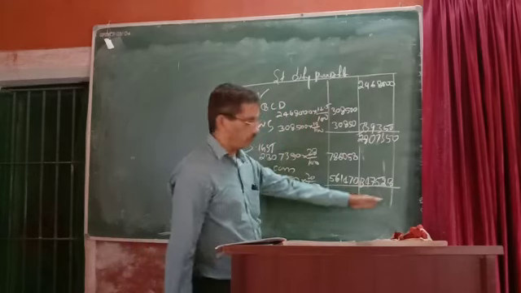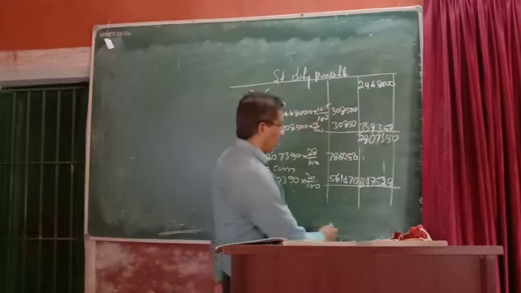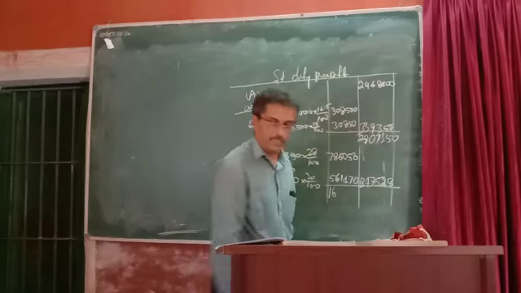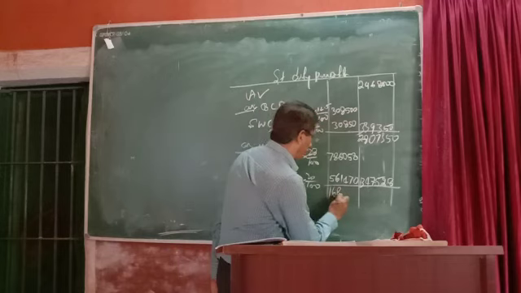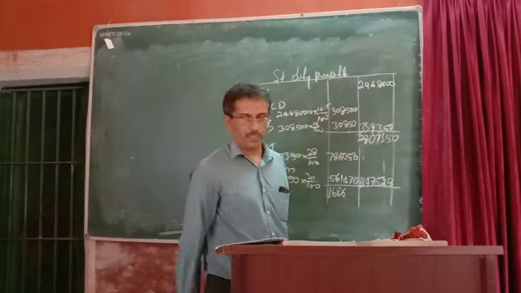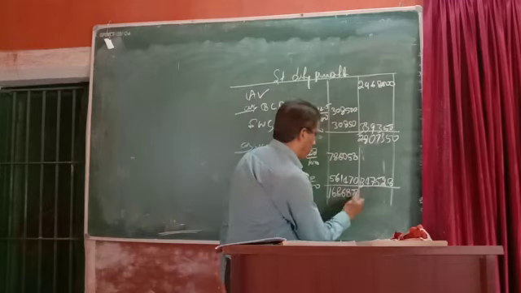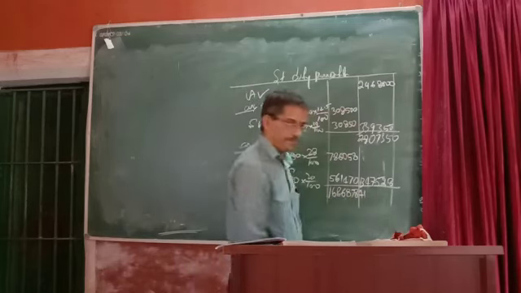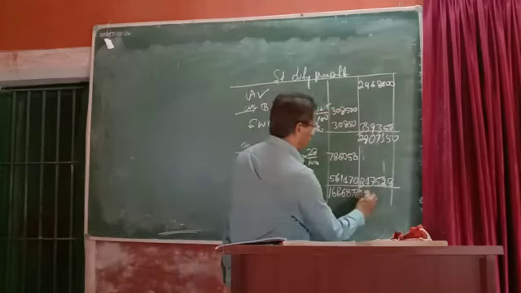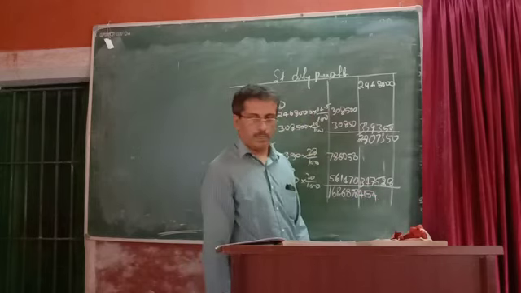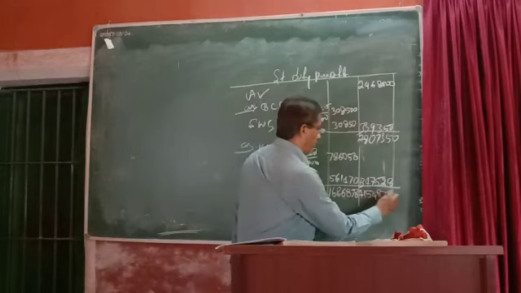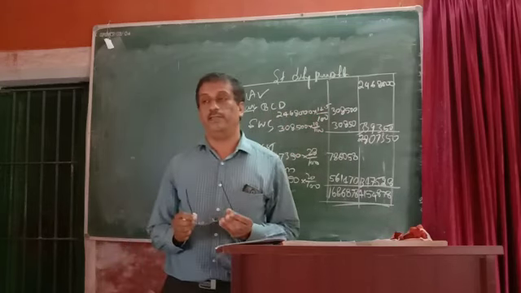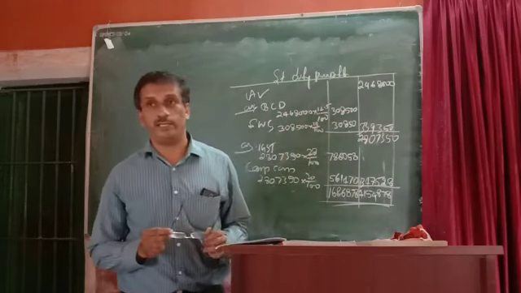Do the total of both the columns. This column total should be 16,86,878, and this column total should be 41,54,878. This is the way we are supposed to find the custom duty.